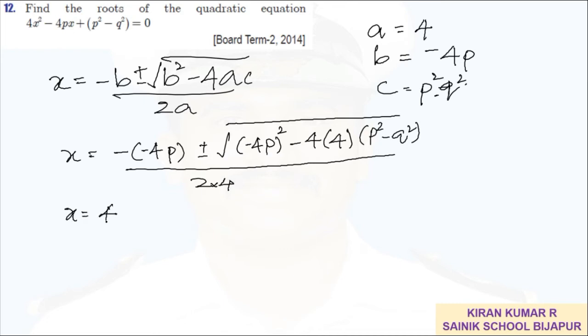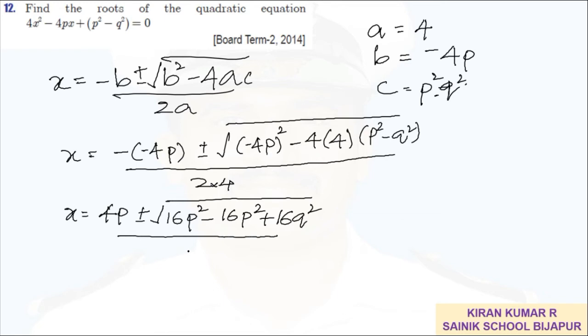Let's simplify. It's 4p plus or minus root of 16p square, because 4 times 4 is 16, plus 16q square, divided by 8. If you observe these two terms, they are getting cancelled.